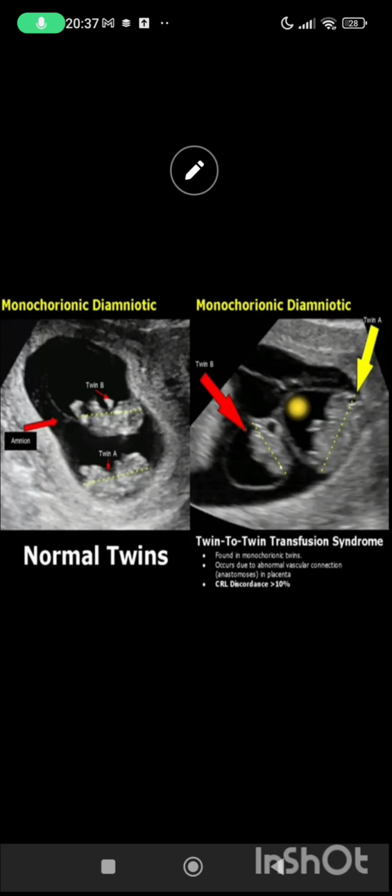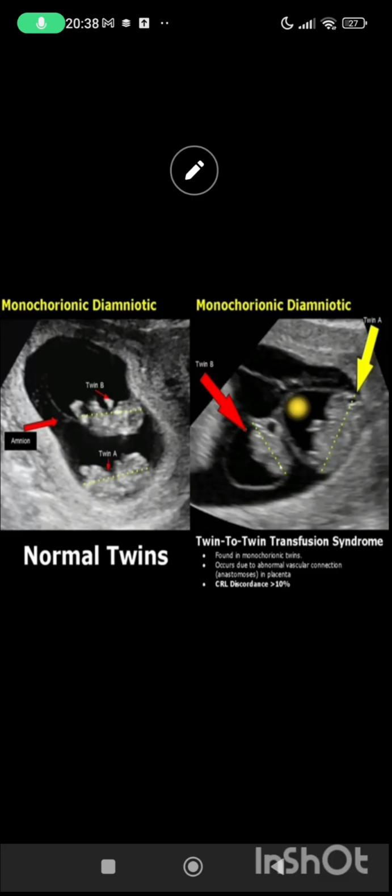Okay. Now let's start with twin to twin transfusion syndrome. So what happens here? Imagine two babies sharing the same kitchen, the same placenta. One fetus receives more nutrients and the other receives fewer nutrients.